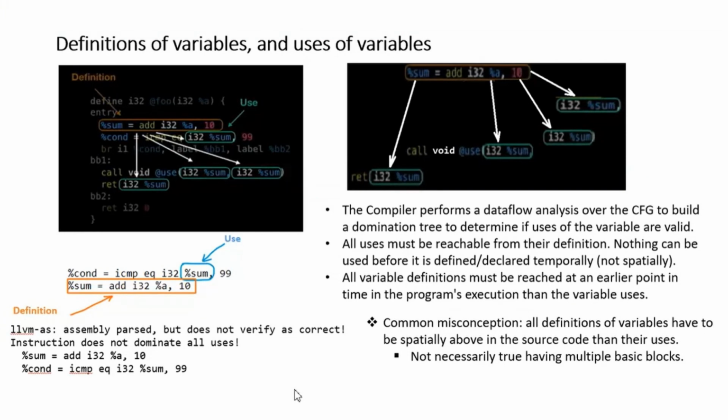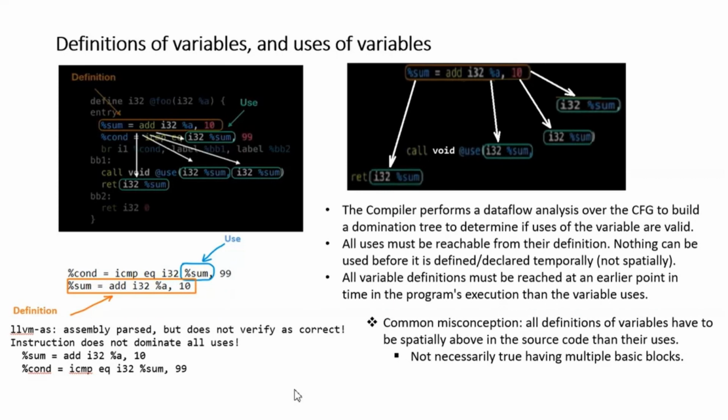And if you want to, for example, rename a %sum or replace it with a different virtual register, you would have to update all of its uses, everywhere that virtual register is used. Yeah, so we would use data flow analysis, which means finding where that variable or value is used and by which instructions or variables.